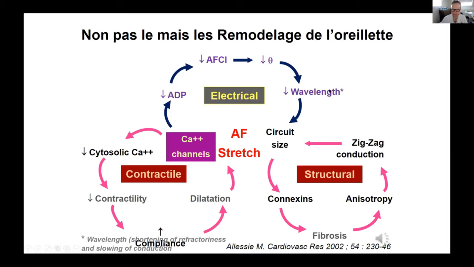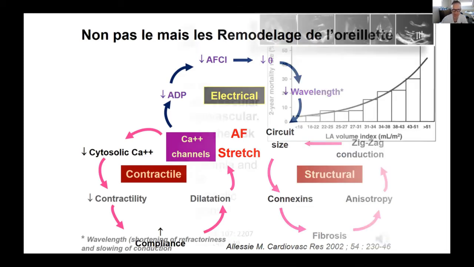So you can look at LA size and LA function, and if you are able to assess them, you are not that far from the electrical remodeling, so you can estimate the risk that the patient has some degree of LA electrical remodeling.